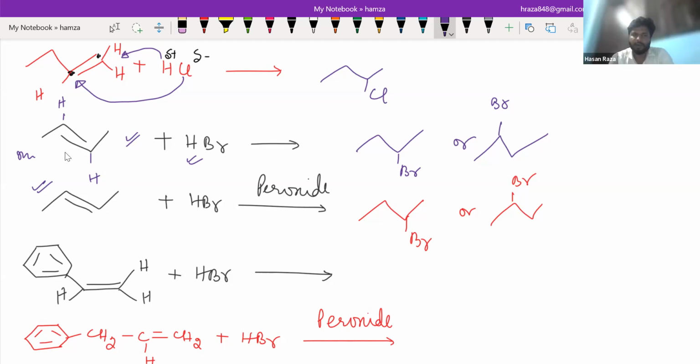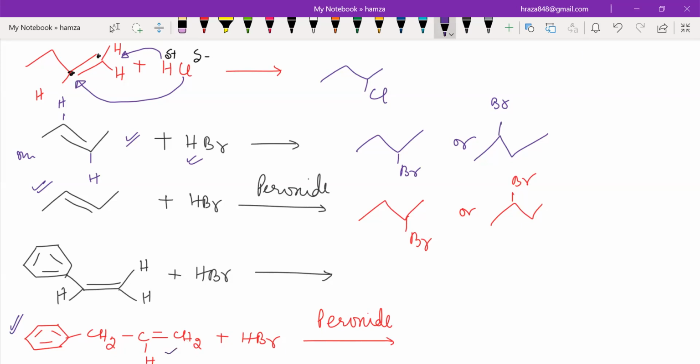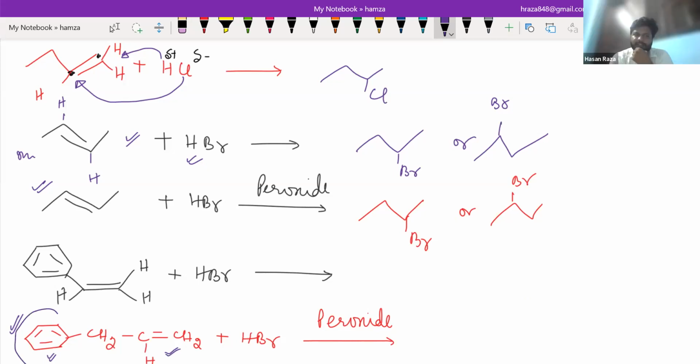Of which number are you talking about? First, second, third? The last one. So a double bond is here and a double bond is present here also. Which double bond are you going to break? The second one, not the benzene. Right. This benzene ring is aromatic and it is very stable, so it will not be broken.